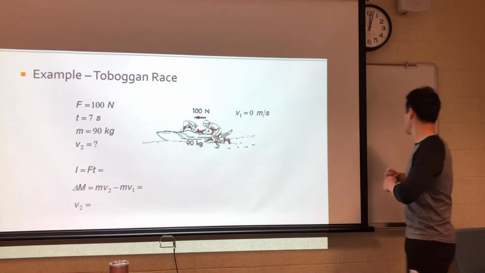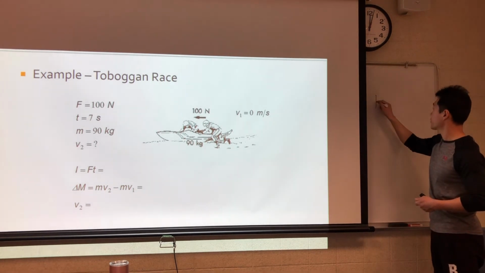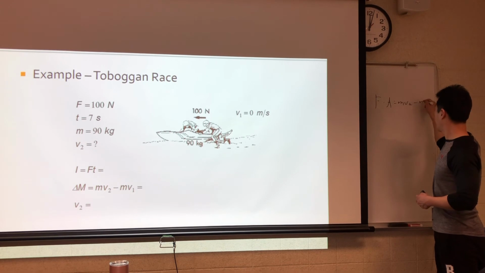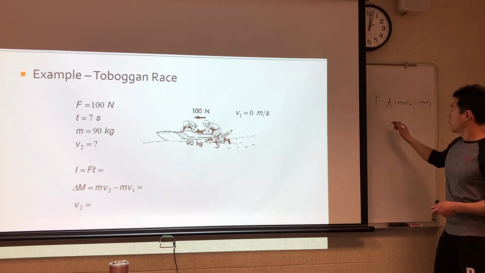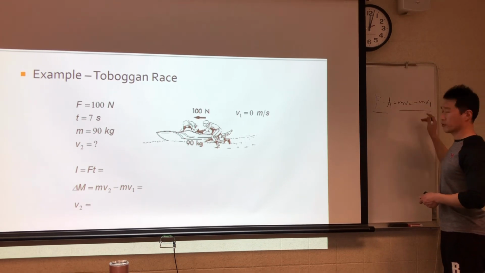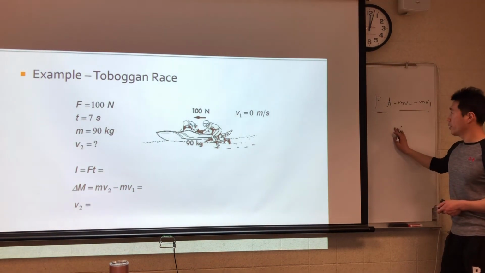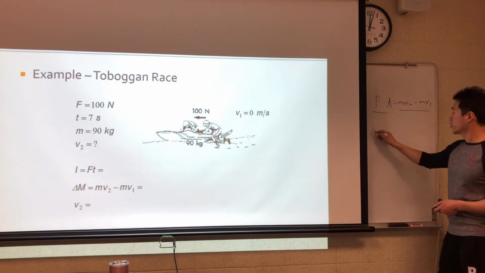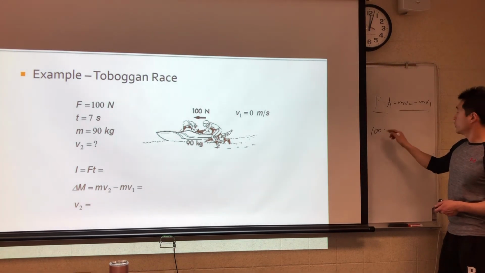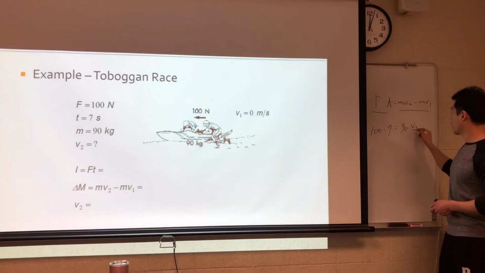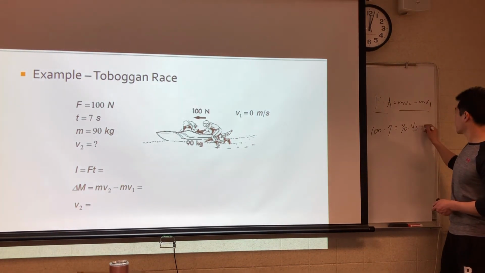So let's simply use this relation, Ft equals mv2 minus mv1. Impulse causes the change in linear momentum. So we have F, 100 Newton, times 7 seconds. And m is 90 times v2, which is our variable of interest, minus m 90 times v1. v1 actually is 0, right?